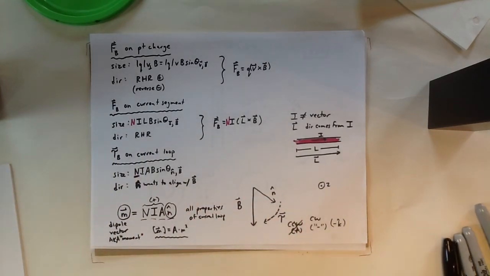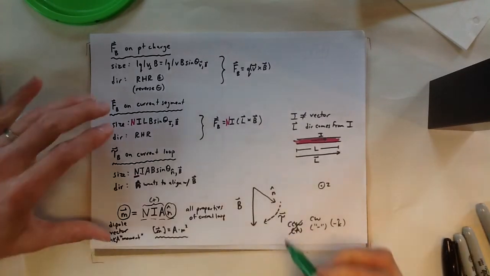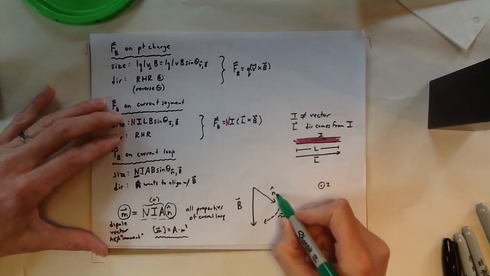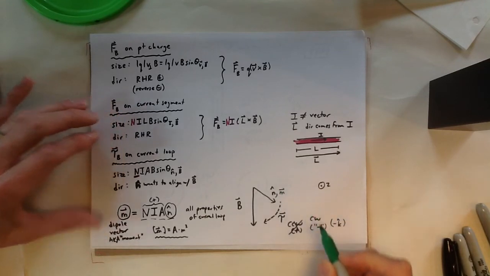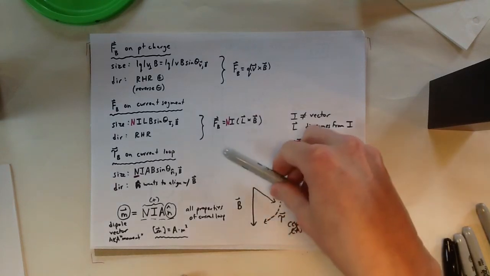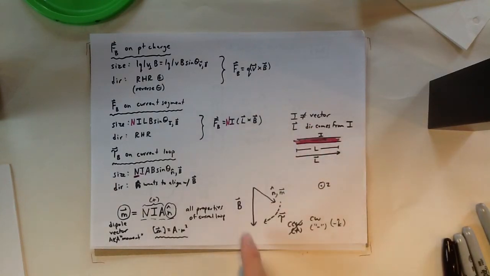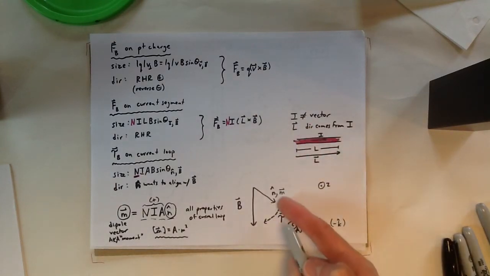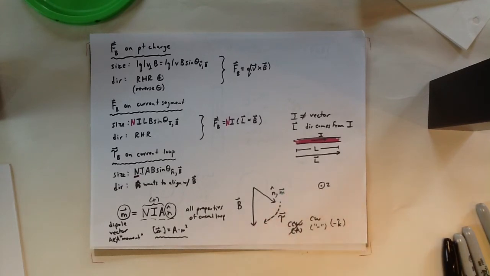And what that means is, in this video, instead of just calling it the normal vector, I'm just going to go ahead and call it the magnetic dipole. So they share exactly the same directions. They're always agreeing. So rather than say the normal vector of a current loop wants to align with the field, I'll just say that the dipole wants to align with the field. Okay, so that's the direction of the torque.